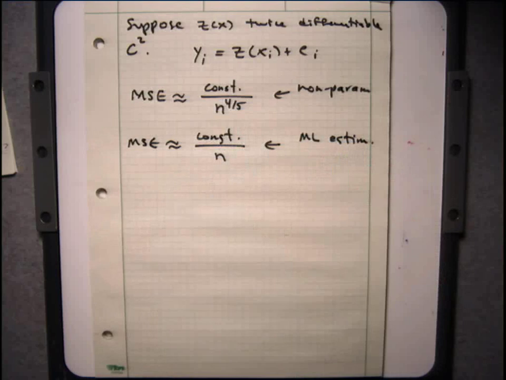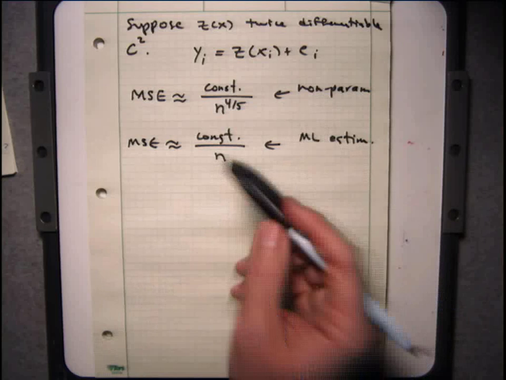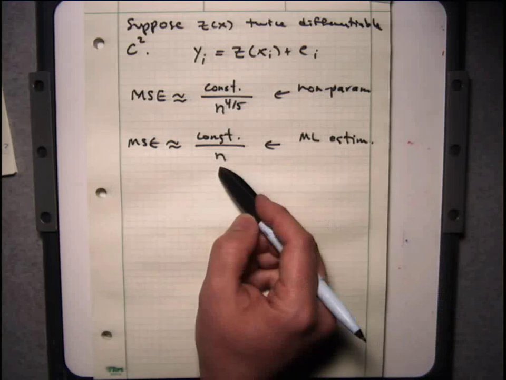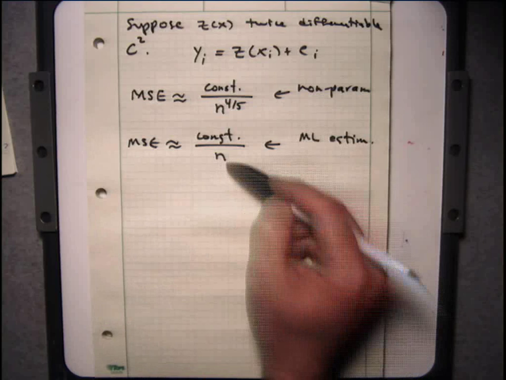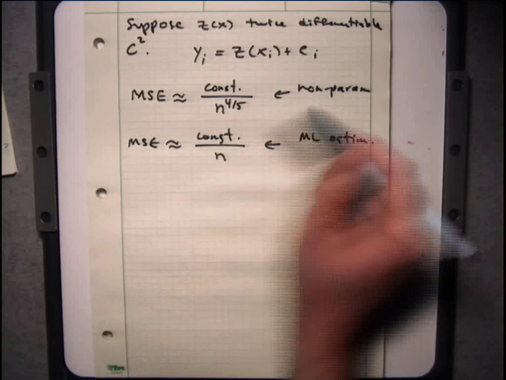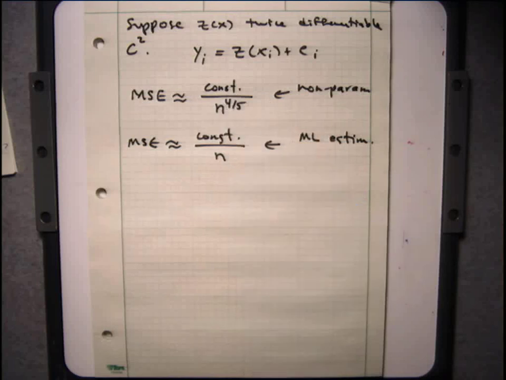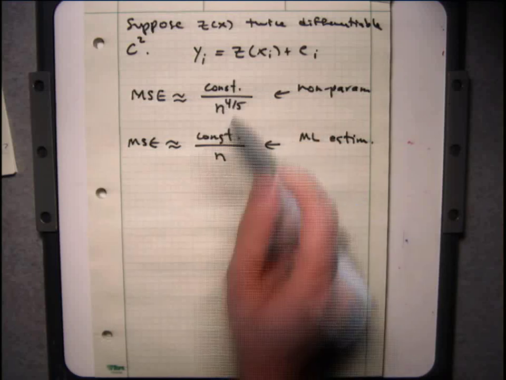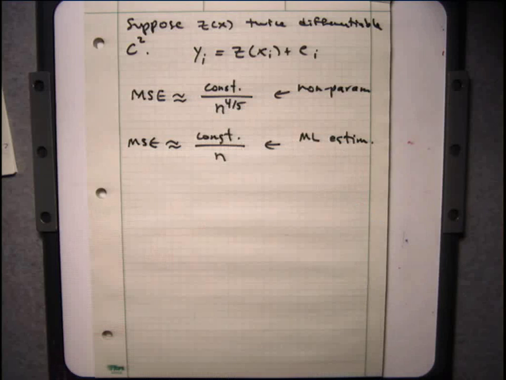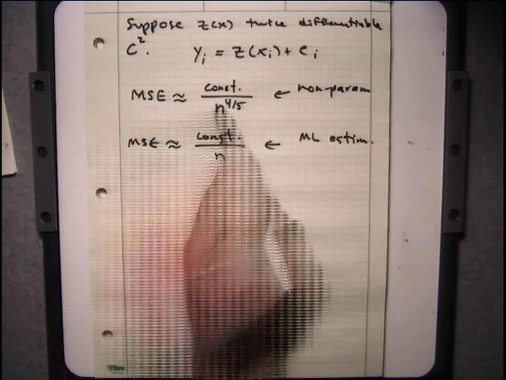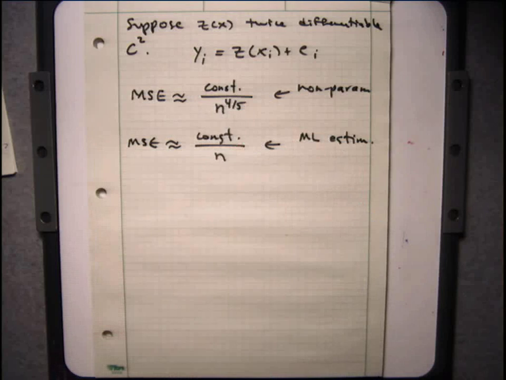Even if you have a signal that is more complicated, but it is twice differentiable, you can show that the maximum likelihood estimate essentially behaves asymptotically like 1 over n. So now you have this funny difference. You use maximum likelihood, you get something like 1 over n. You use a non-parametric method, you get 1 over n to the 4/5. Okay? This one is slower in going to 0 than that one.